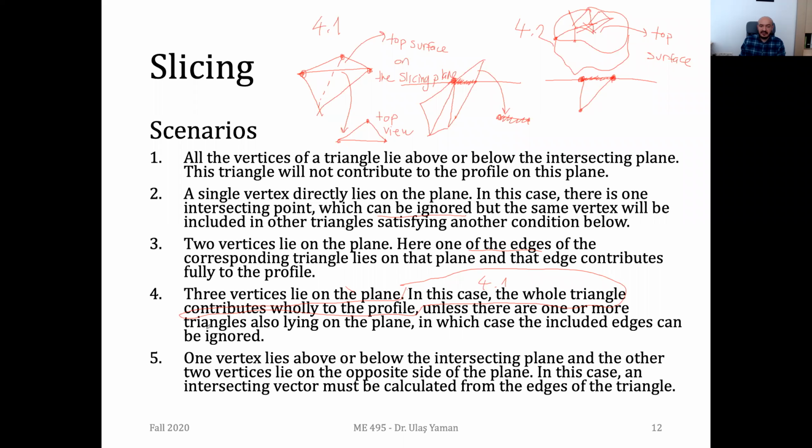Okay, this is the fourth case, fourth scenario for the slicing, and it's more complicated than the first three. Any questions, guys, regarding the fourth case? As I said, it might be a bit complicated, so if you have questions, please feel free to ask, and I may spend some more time on discussion of the fourth case.